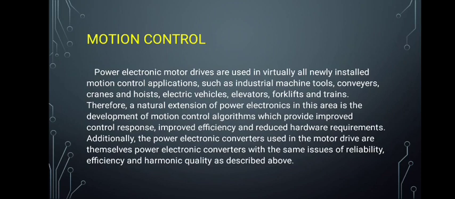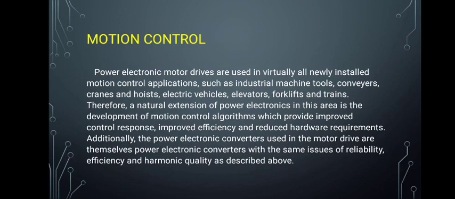Motion control. Power electronic motor drives are used in virtually all newly installed motion control applications, such as industrial machine tools, conveyors, cranes, and hoists, electric vehicles, elevators, forklifts, and trains.